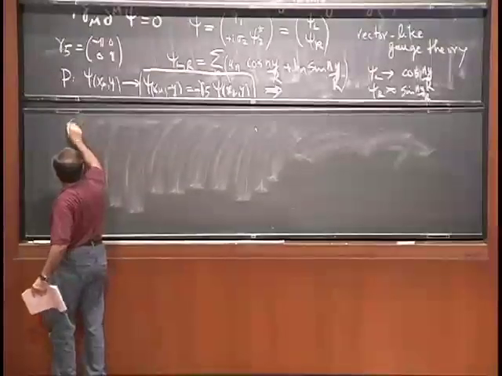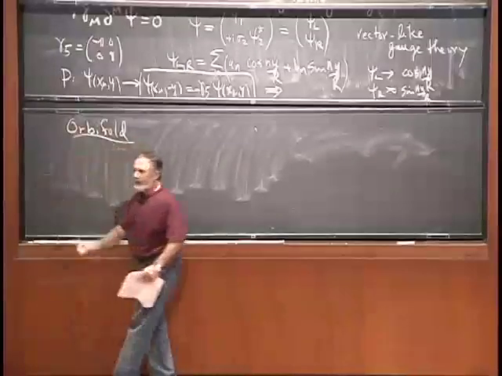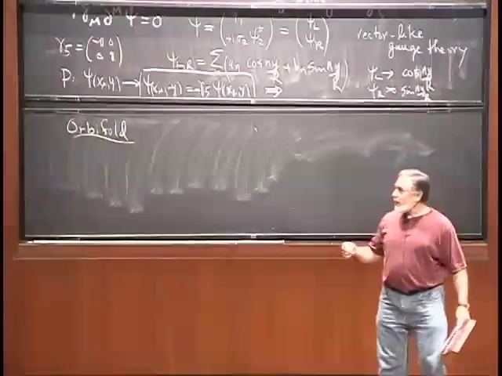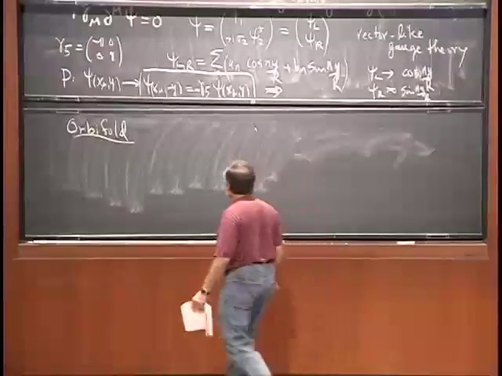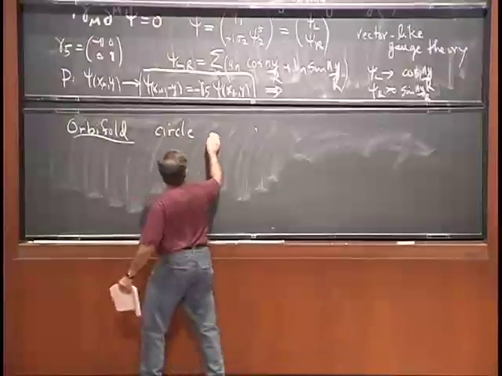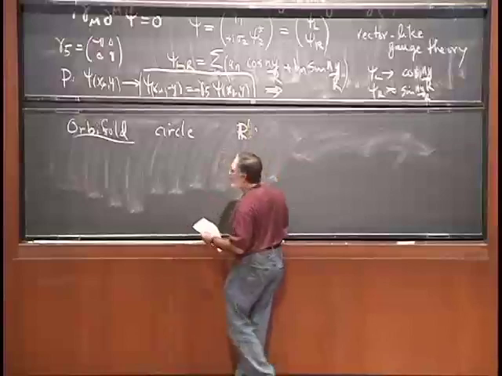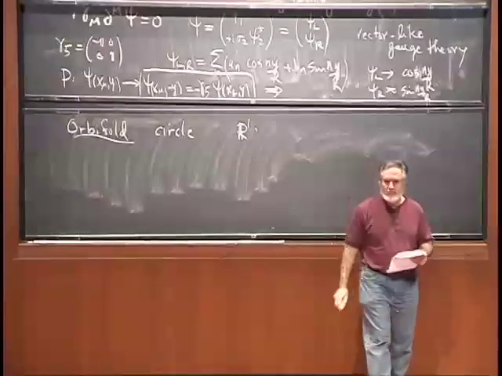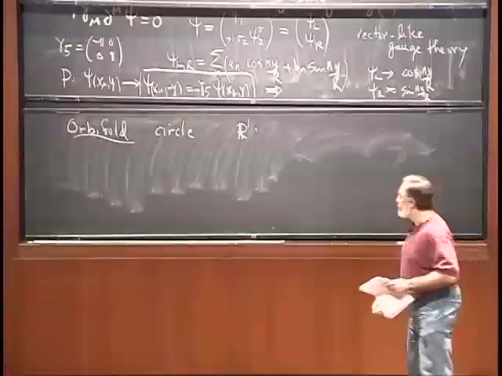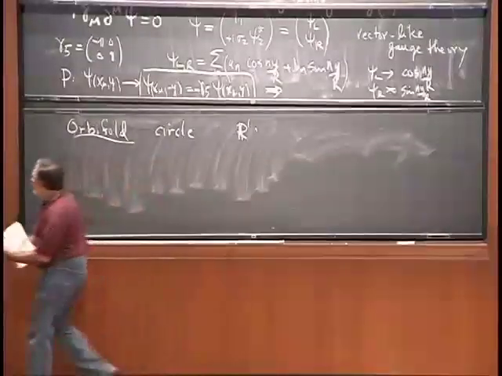So we're going to define orbifolding now more carefully. Okay? First of all, let's take our circle and define the circle in the following way. Let's take the real line and mod out by a translation. So here would be a picture of the real line.